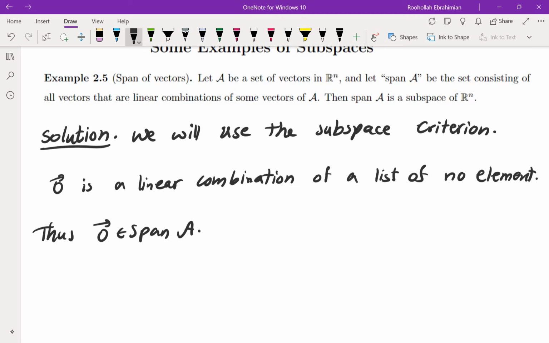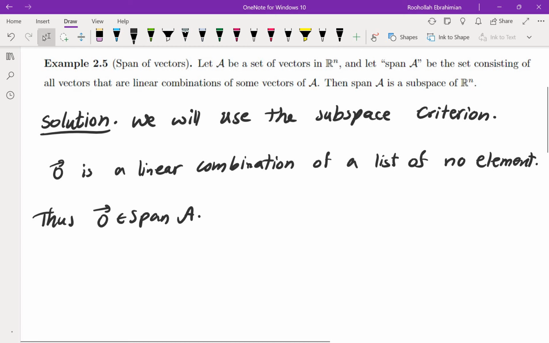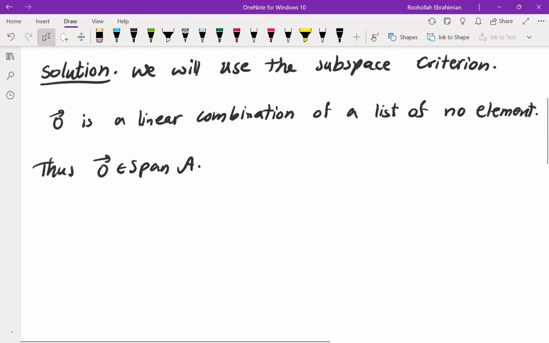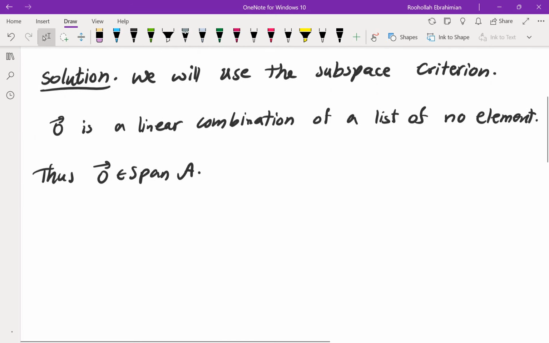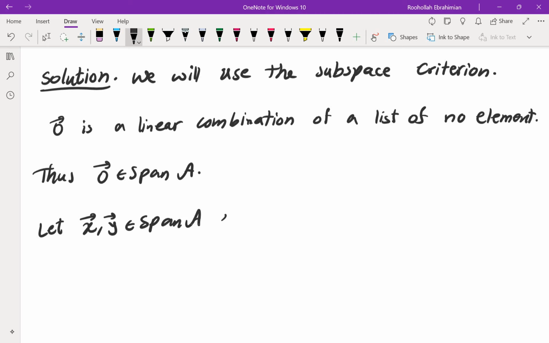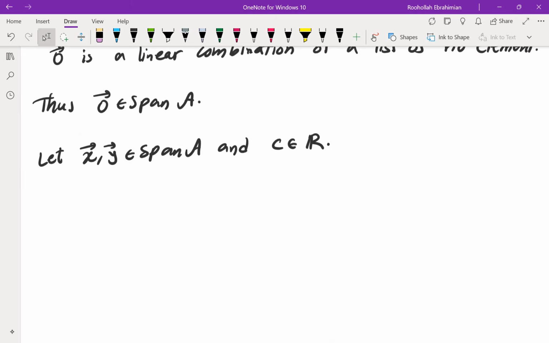Next, we'll have to show that span of A is closed under addition and closed under scalar multiplication. So let's take two elements in span of A. Let X and Y be in span of A and C be some scalar. So what does it mean that X is in span of A?